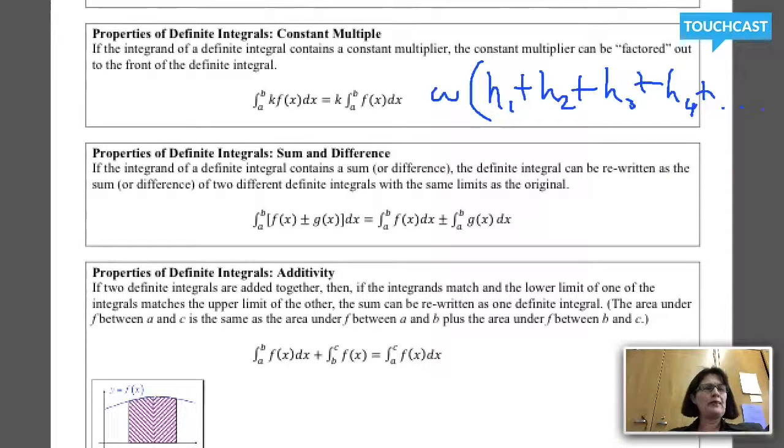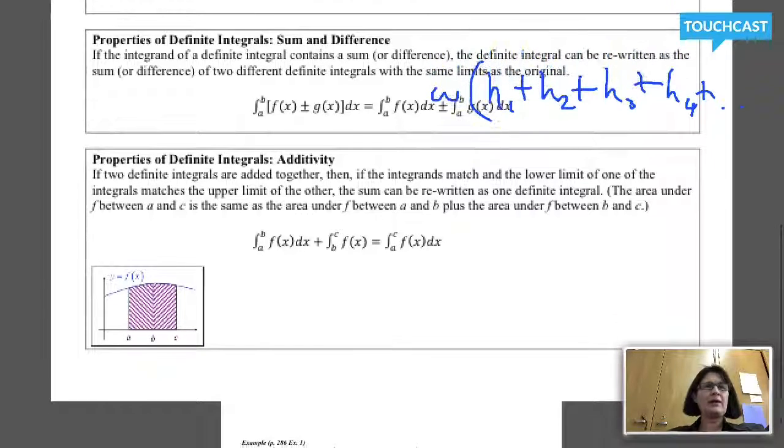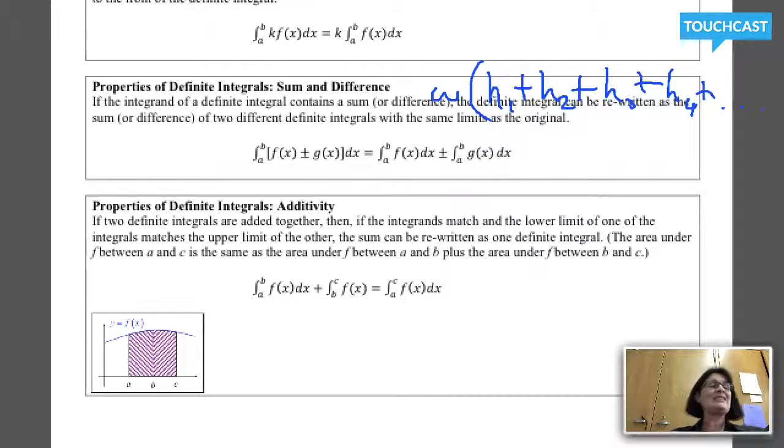Here's one more that is very powerful, sometimes forgotten. We call it additivity. So remember, definite integral means area under a curve between two input values. So the only time additivity ever works, you have to make 100% certain that the two integrals that you're thinking about have the exact same function as their integrand.